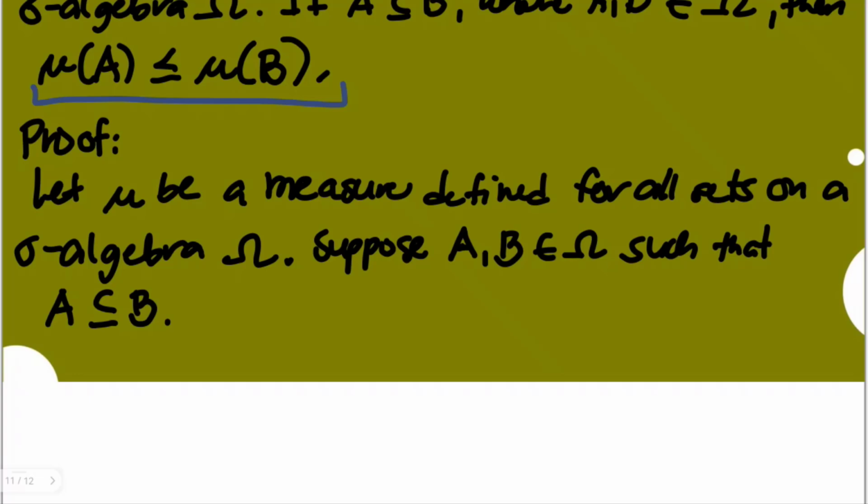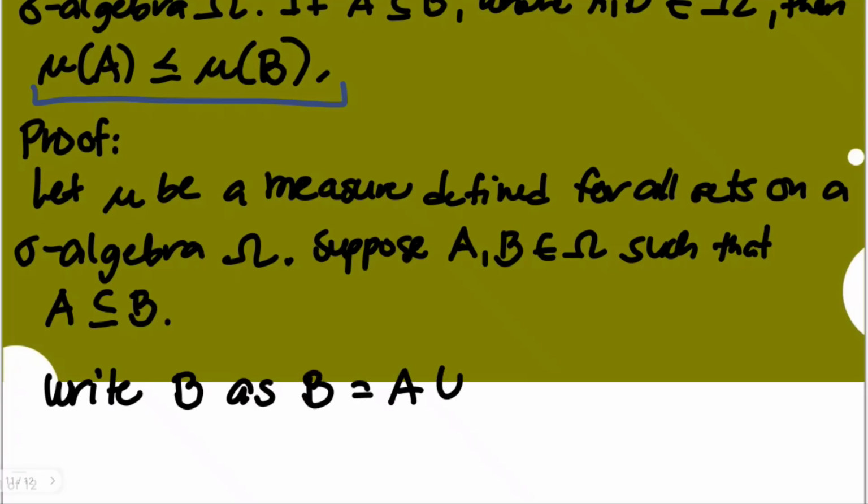What if we write B, since B is the superset of A, or A is a subset of B, as the larger set, equal to the union of A and B minus A. Because this is how it goes.